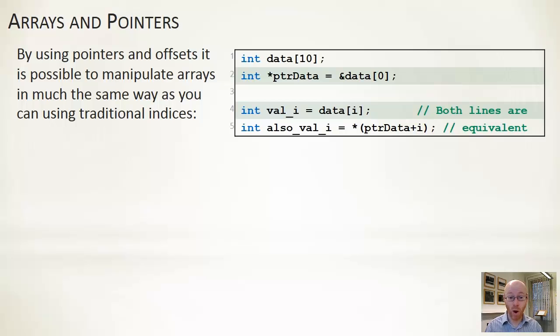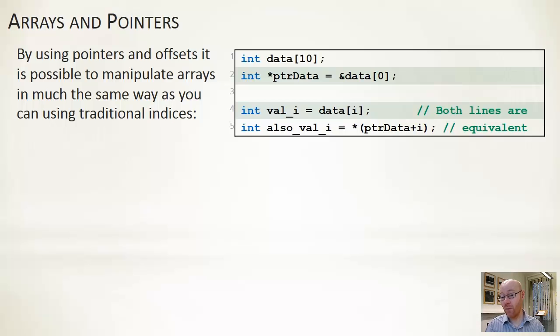So in line 1, we're declaring an array called data of size 10. In line 2, we're declaring a pointer to the start, or to the address in memory of the start of that array. So basically data and pointer to data are referring to the same chunk in memory.